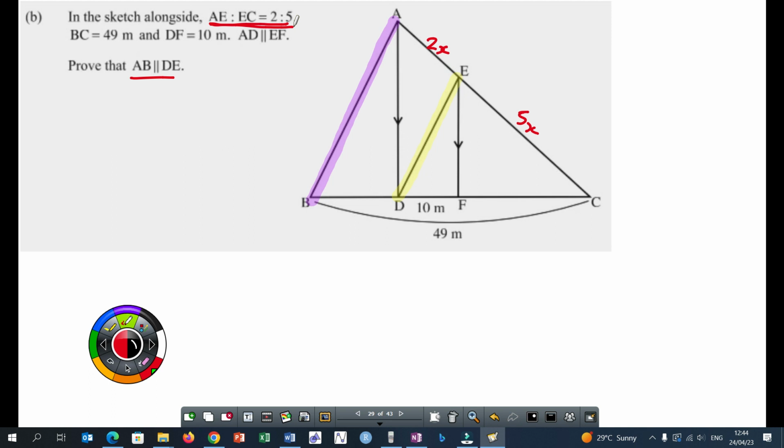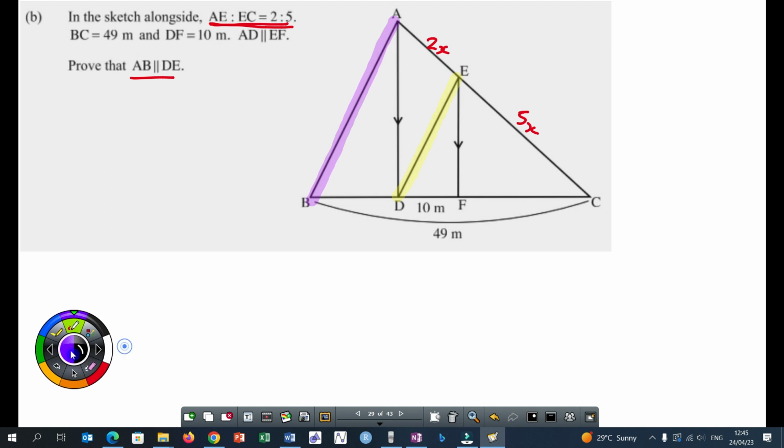Then I'm going to use FC to determine BD. Okay? So I have to find FC first. To find FC, I have to use the original proportion theorem.